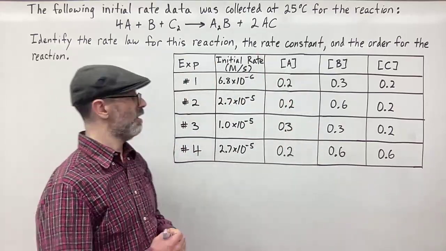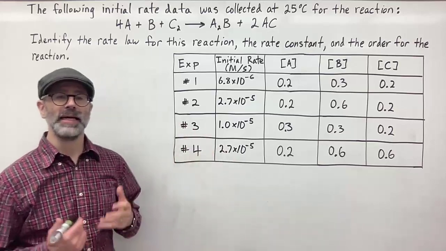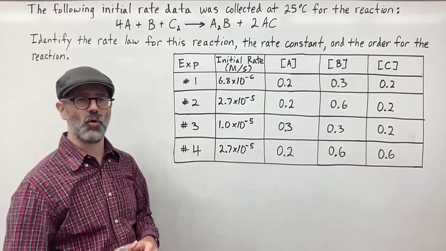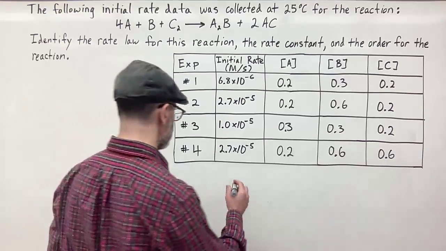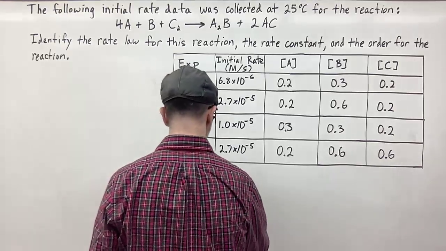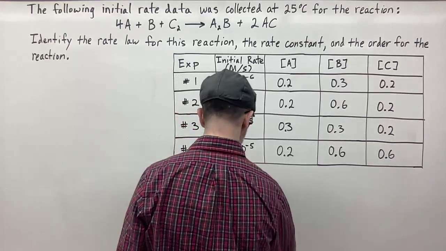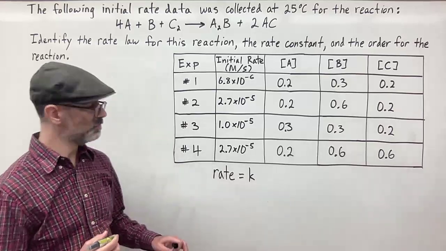Okay, so first thing you want to do to figure out the rate law is write out what the generic rate equation would be with your variables. So here we have the rate is going to be equal to some rate constant K that we'll figure out later.